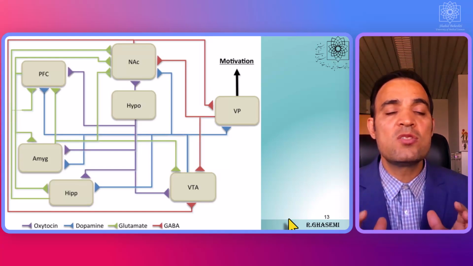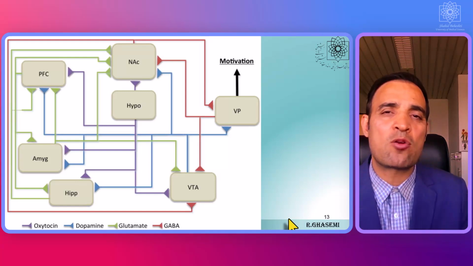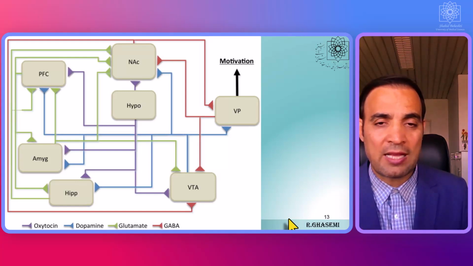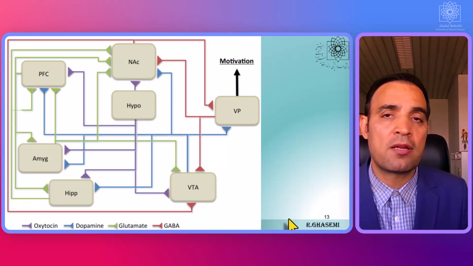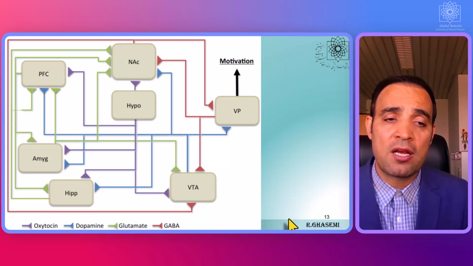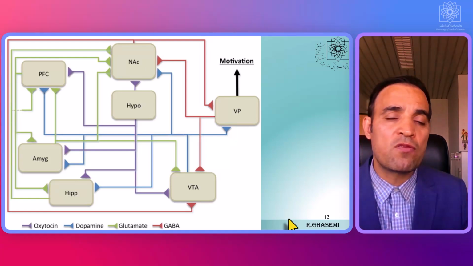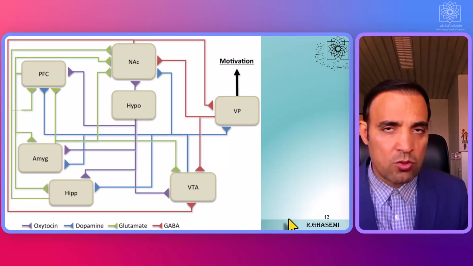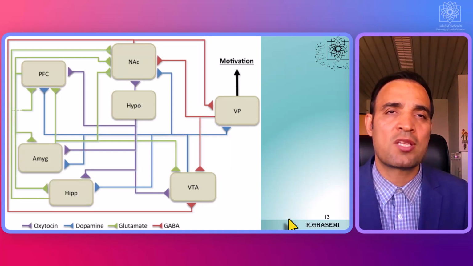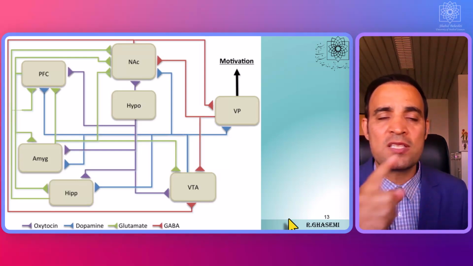These nuclei are the central hub that regulate our motivation, our reward, our punishment. At the center, we have the ventral tegmental area, nucleus accumbens, prefrontal cortex, amygdala, hippocampus. These centers are also involved in memory formation. And the most important neurotransmitter involved in this process is dopamine.